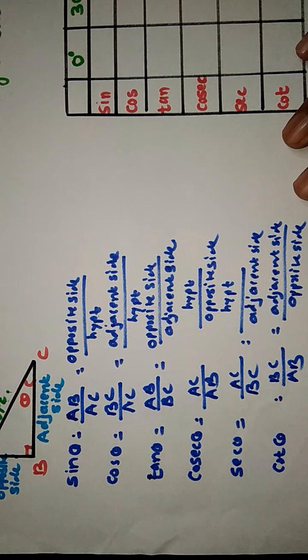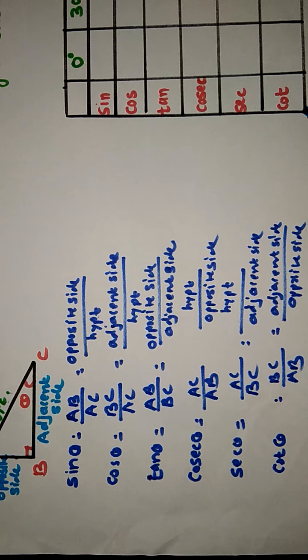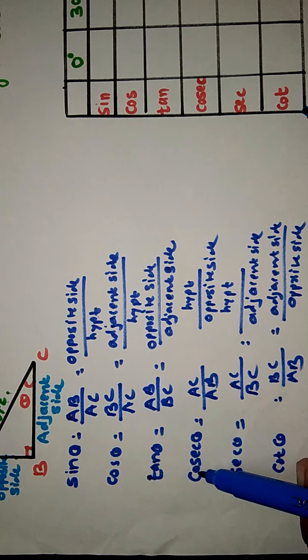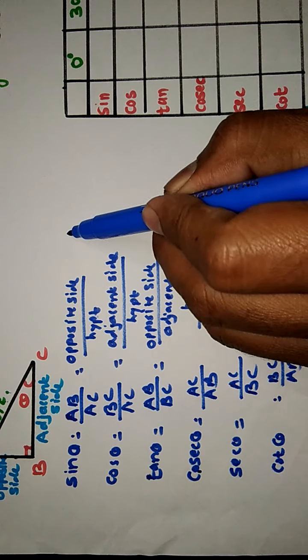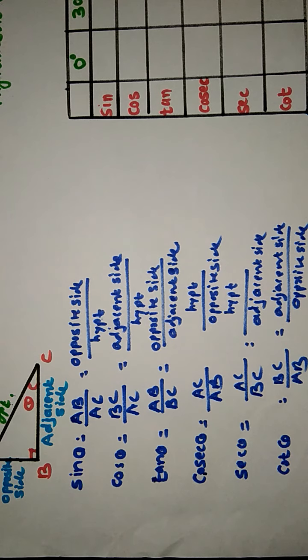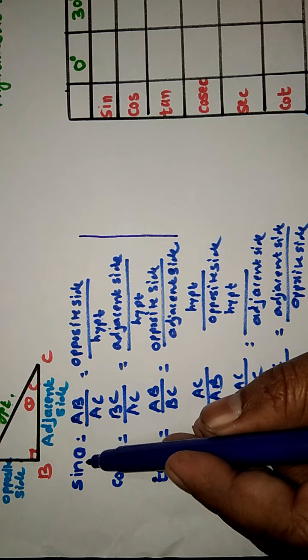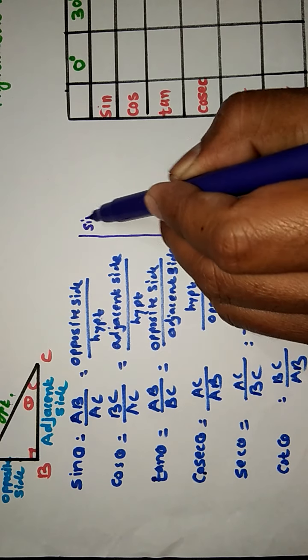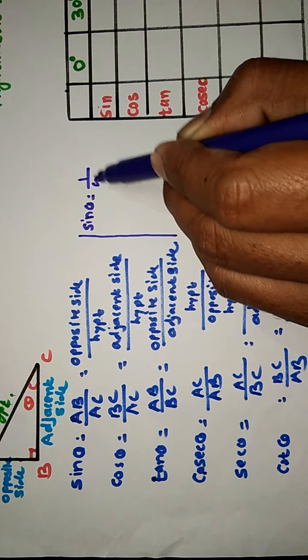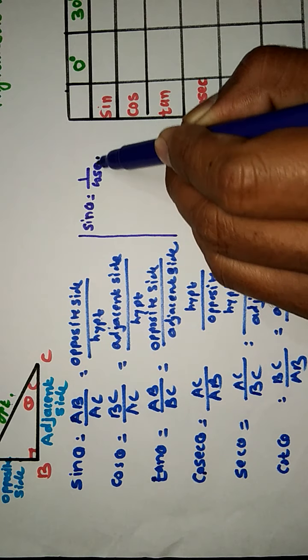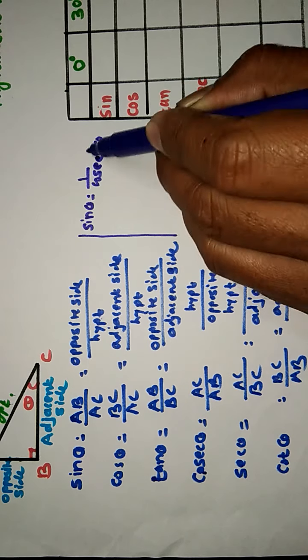Now we form some trigonometric identities from this. Sine theta and cosec theta are the reciprocal of each other. So we find the first identity: sine theta is the reciprocal of cosec theta.